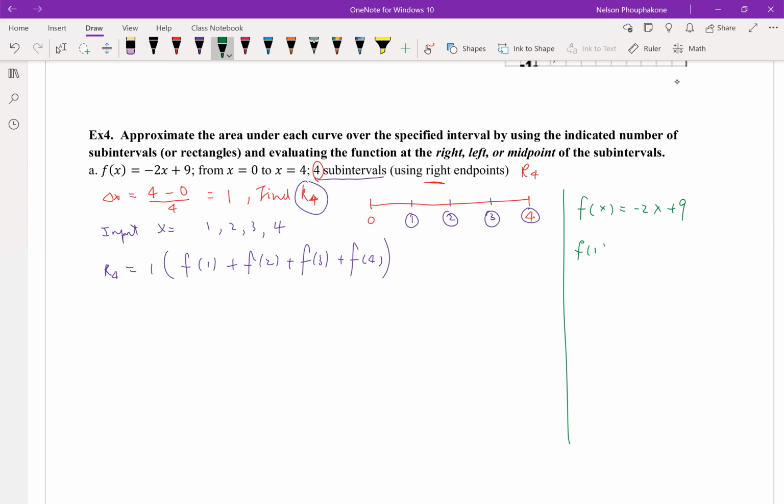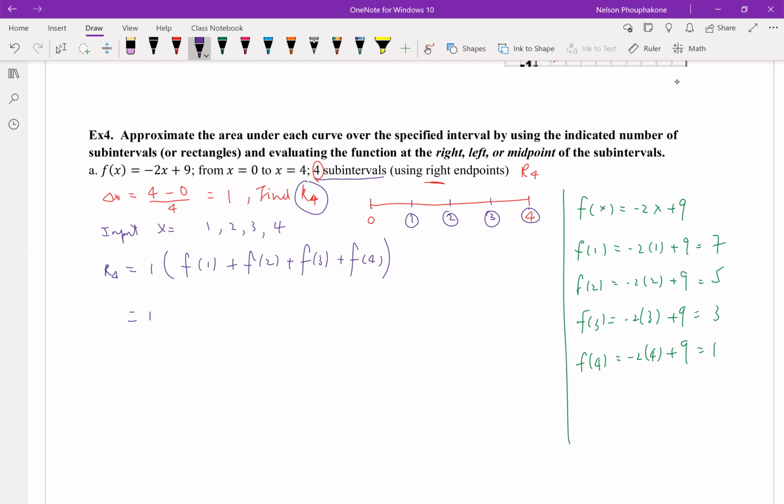So f of 1, negative 2 times 1 plus 9, which is 7. F of 2, negative 2 times 2 plus 9, which is 5. F of 3, negative 2 times 3 plus 9, which is 3. F of 4, negative 2 times 4 plus 9, which is 1, right?